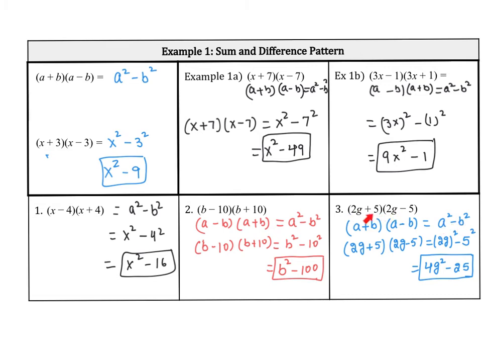If I compare it with the question that is given, my a is 2g, my b is 5. So a square means 2g square, b square means 5 square. 2g square is 4g square, minus 5 square is 25. So my answer is 4g square minus 25.